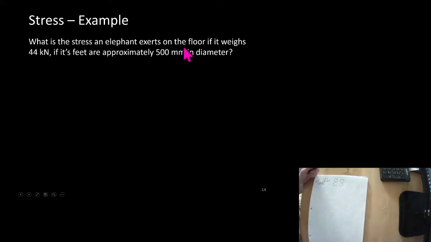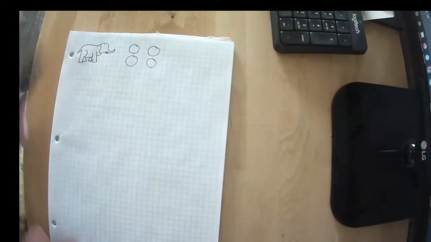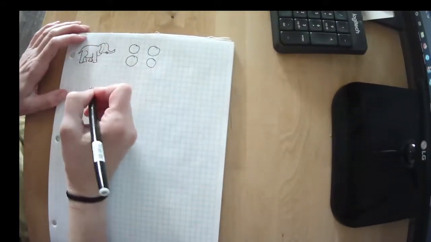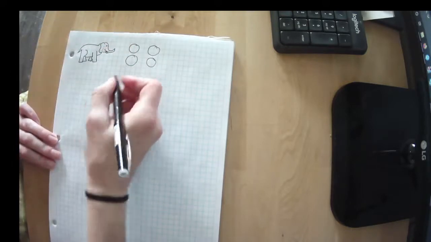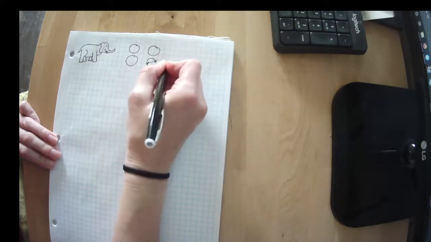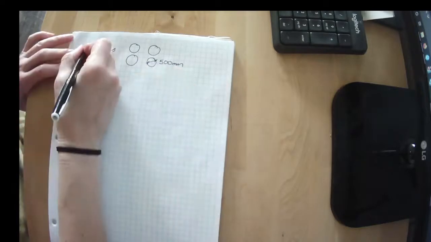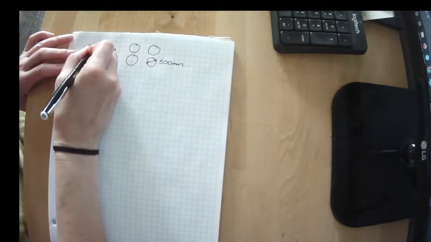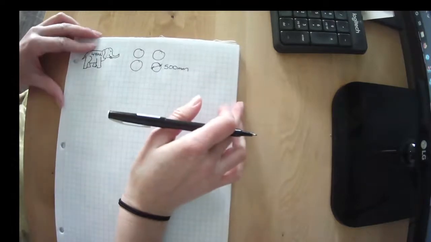Oh, let's make this bigger. You guys can't even see my beautiful elephant. Okay, here is my fantastic elephant. He's a happy elephant. Each one of these is 500 millimeters in diameter. And we know that this elephant weighs 44 kilonewtons. Yes, I did research on what an average elephant weighs.